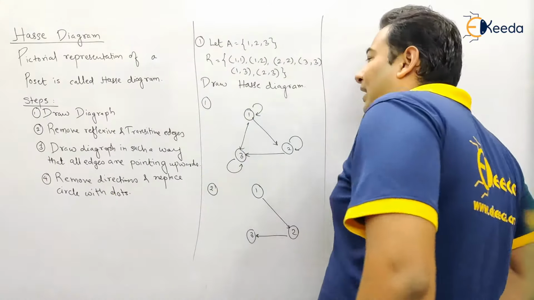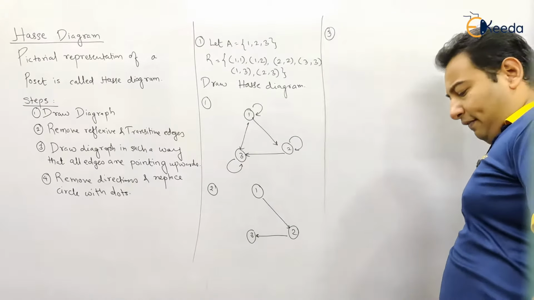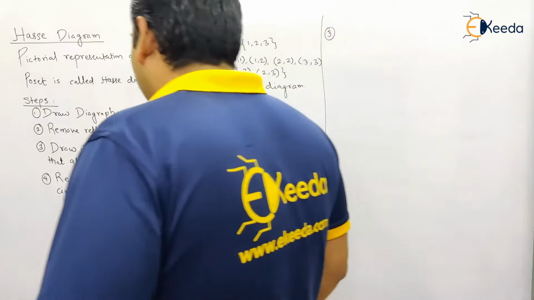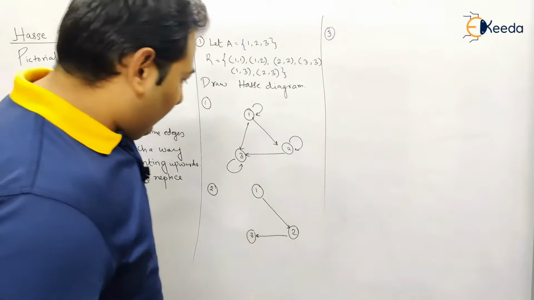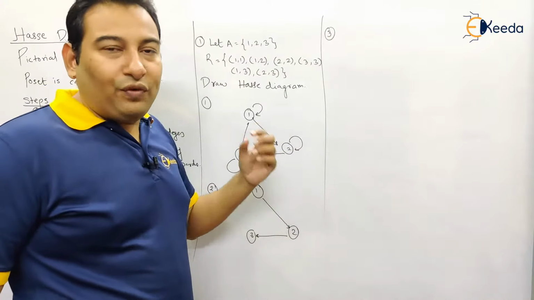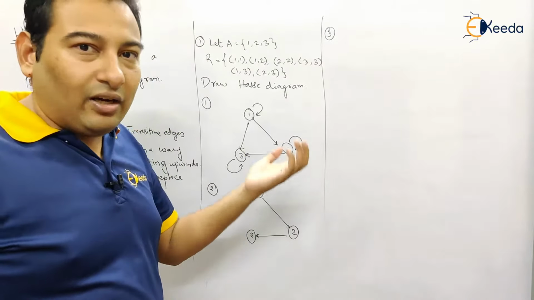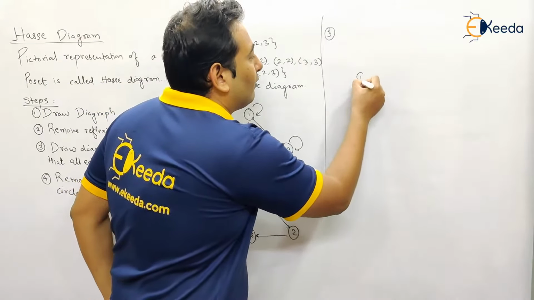We removed reflexive and transitive edges. Now the next step is to draw the digraph in such a way that all the edges are pointing upwards. This is a very important step. Which element am I going to write at the bottom? It is 1. Why 1?